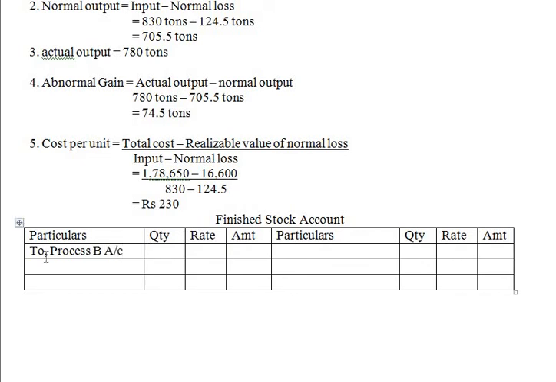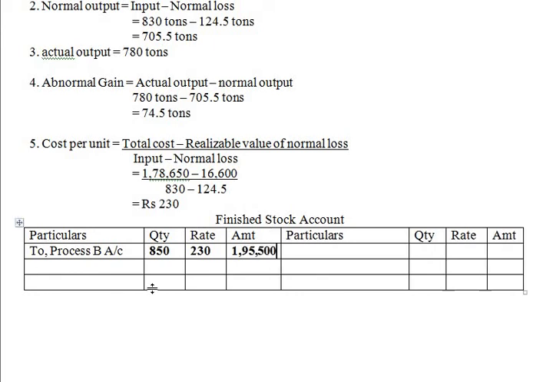Okay. Now quantity is 850 and the rate is 230 and the amount is 1,95,500. Okay, so this only we are going to show. We are going to close this account.